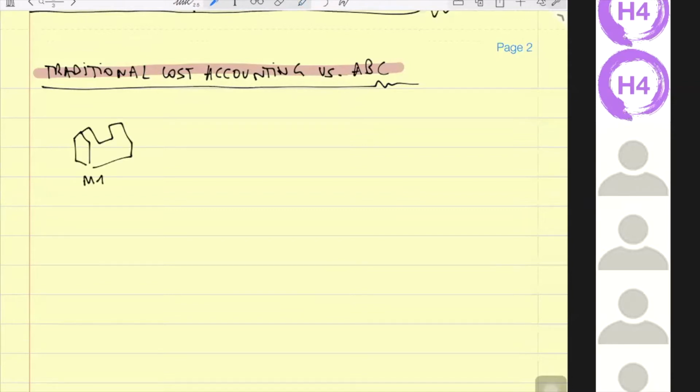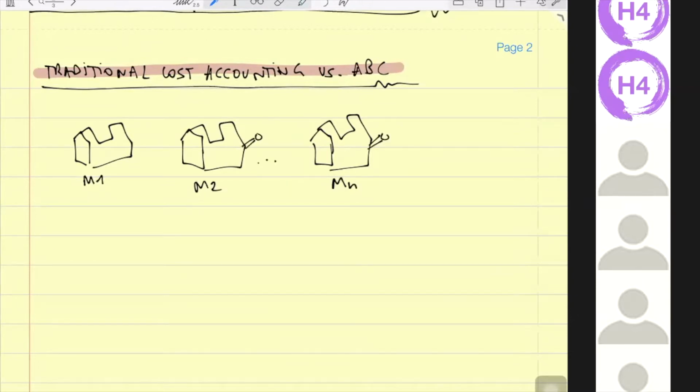Machine 1, machine 2, machine N. And these parts are being produced so that at the end we have some metal parts.